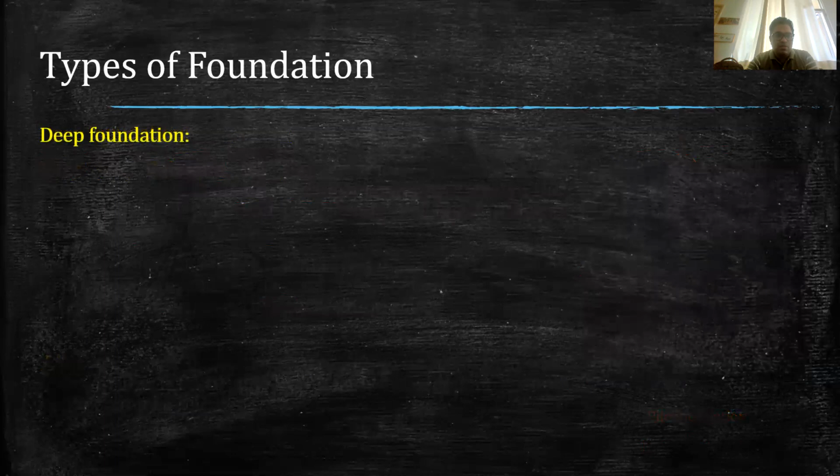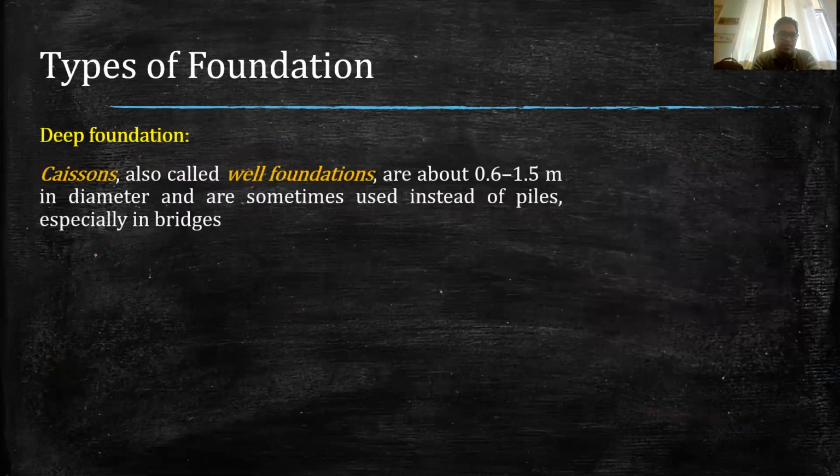Now talking about the next type of element, which is called the caissons. Caissons are also known as well foundation, and the diameter of these well foundations is around 0.6 to 1.5 meter. They are generally used in place of piles in case of bridge foundation.